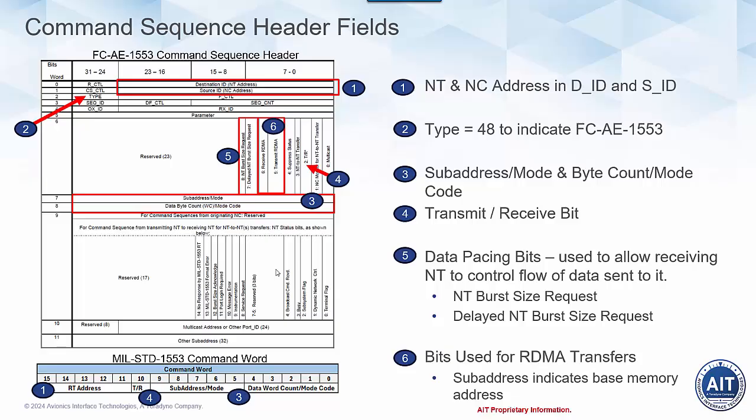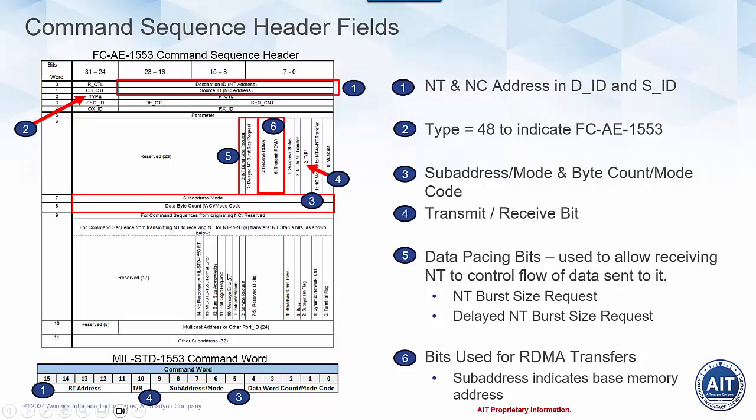When an RT to RT transfer happens in 1553, the bus controller sends a receive command to the receiving RT, followed by a transmit command to the transmitting RT, and then the transmitting RT immediately sends a status word on the bus before it starts transmitting its data words.